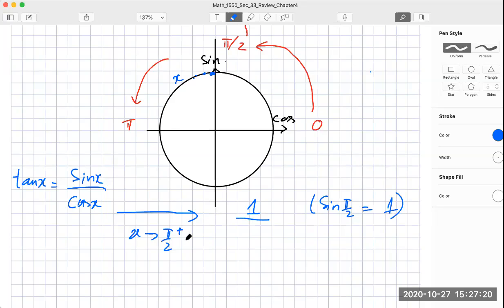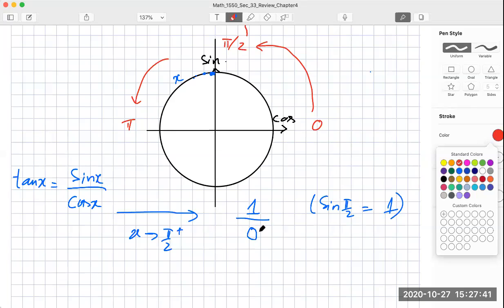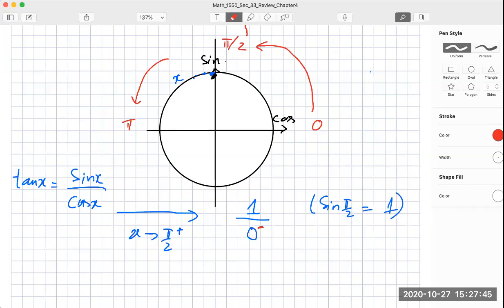And when x comes close to pi over 2 from the right-hand side, it means larger than pi over 2, it should also be in the second quadrant. And when we project it here to the cosine axis, it will come close to 0, but the value should be negative because it is in the second quadrant.